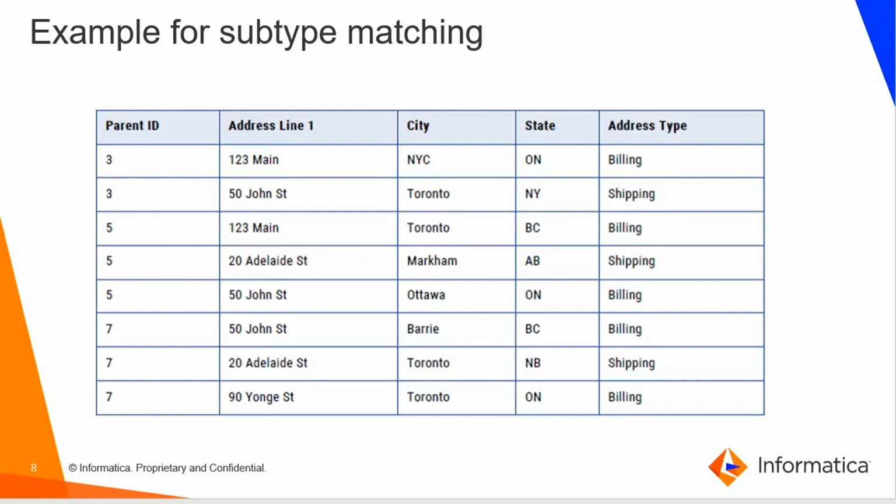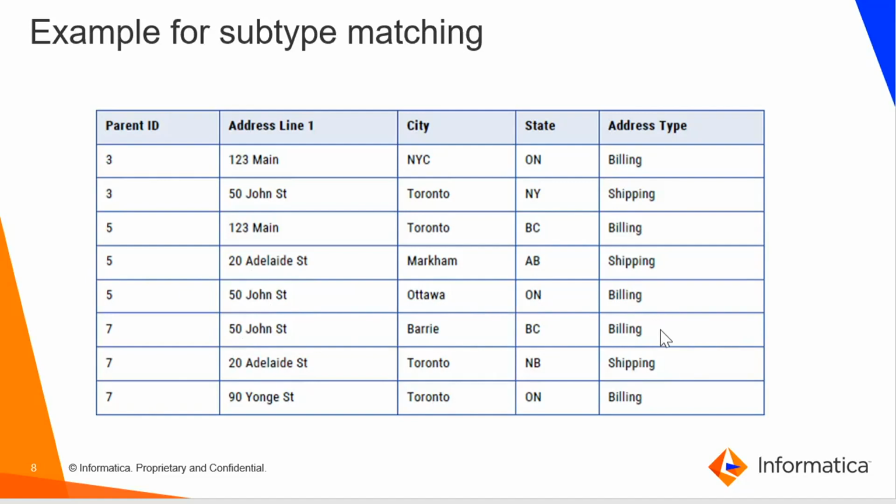When match subtype is selected, then 3 will not match with 5 nor 7 as they are distributed between different address types. But parent ID 5 will match with 7. Let's see how. From here, 50 John Street from billing matches with 50 John Street from billing.